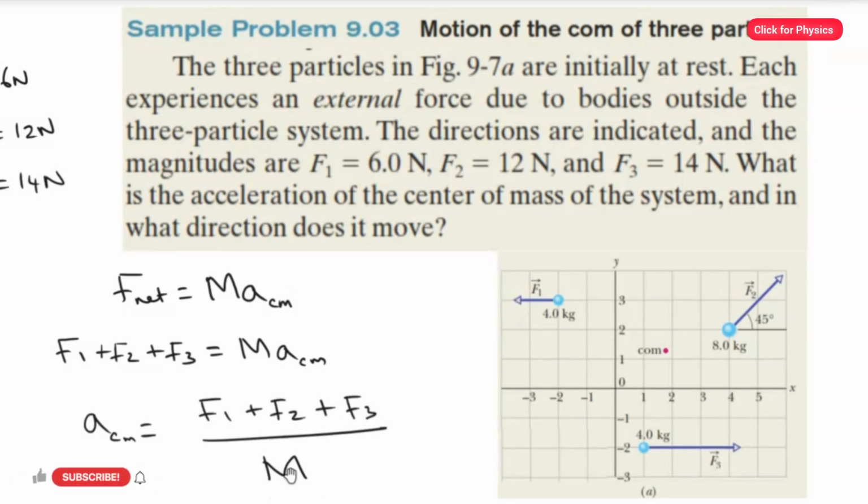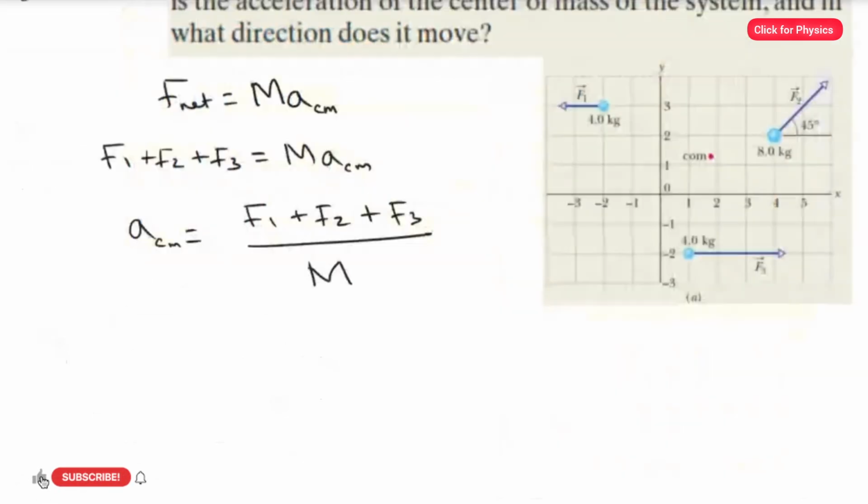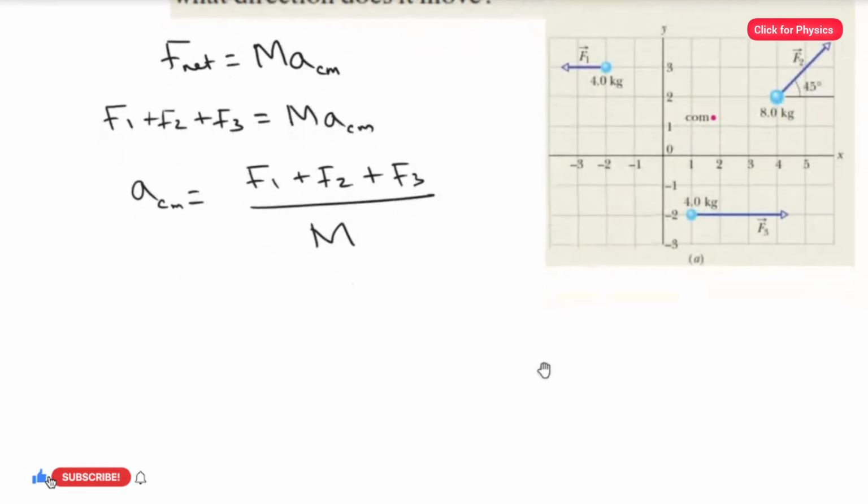That is the answer for capital M. Clear? But here the most important thing, we cannot substitute the values directly because we have some x component and y component forces. So first we have to find the acceleration of the center of mass for the x component and for the y component. After that only we are going to find the magnitude.